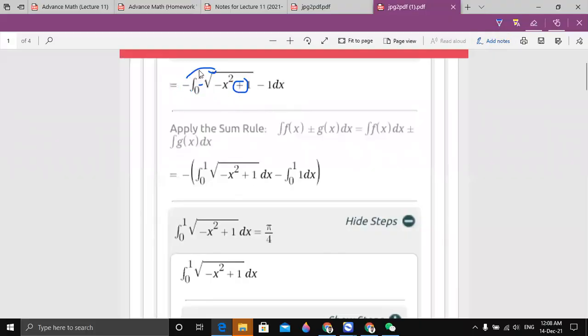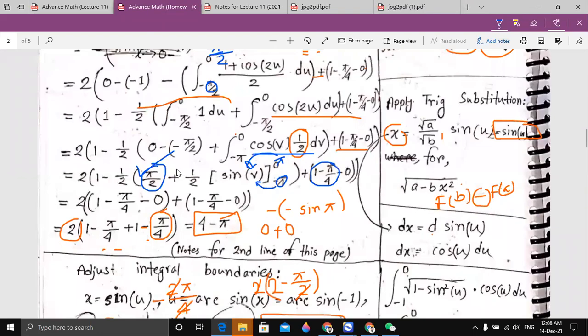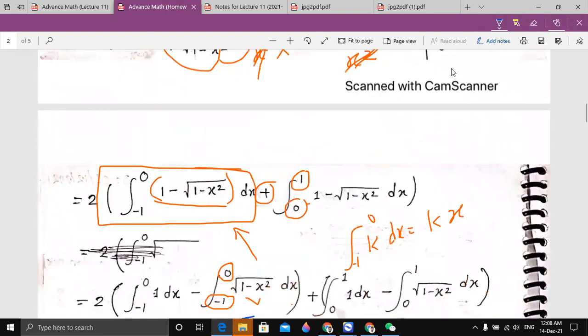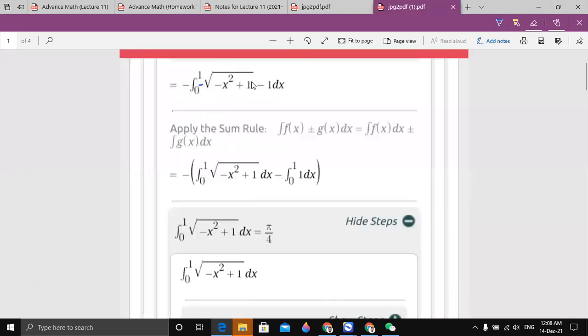So guys, can you see here? In our question, we had 1 minus root over 1 minus x squared, right? But here we have minus before 1, and we have plus before this part.